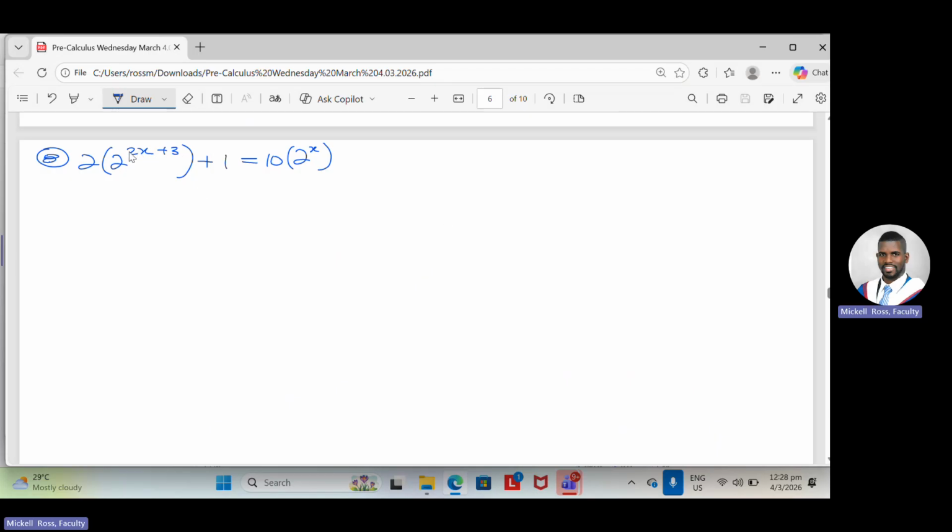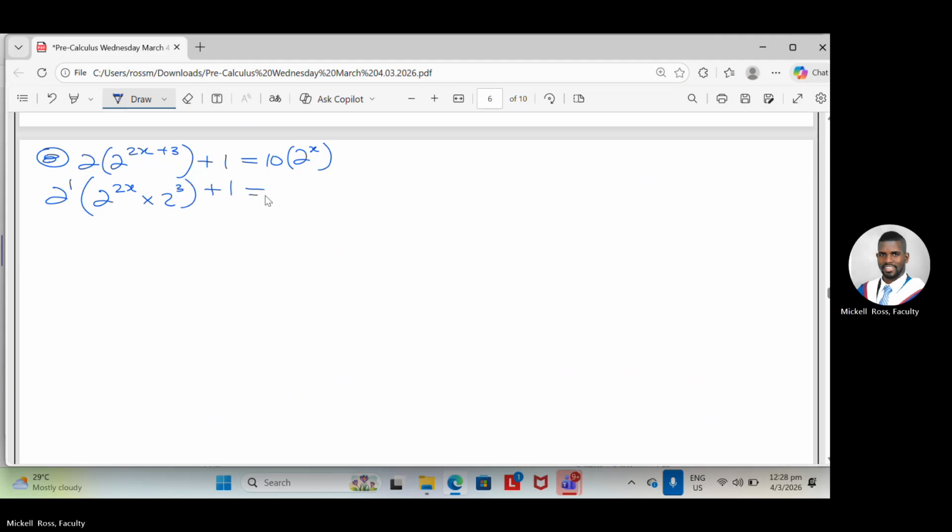Going back to this rule, because we used this in the question earlier. So this is going to be 2 to the power of 1, and then we're going to have 2 to the x. Well, let's simplify it first. 2 to the 2x times 2 cubed. So we're going to get 2 to the 1.